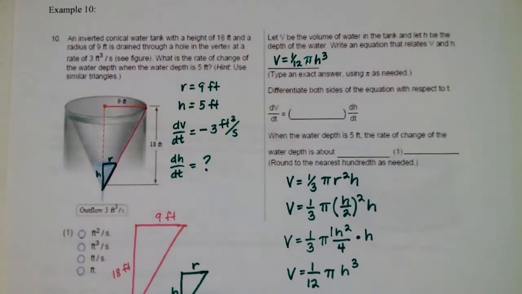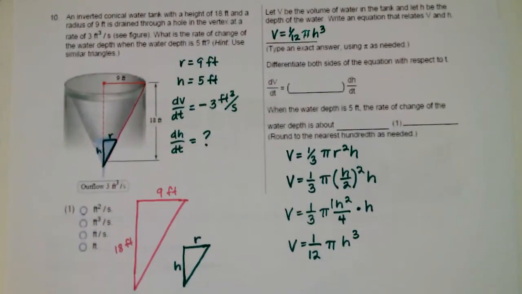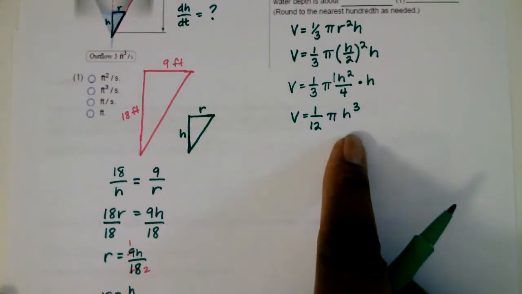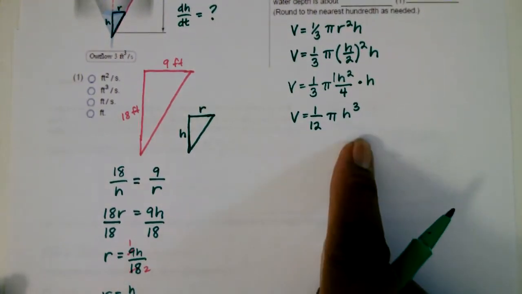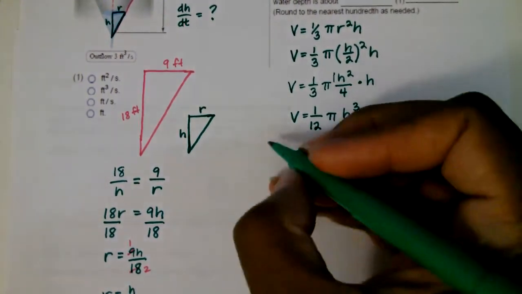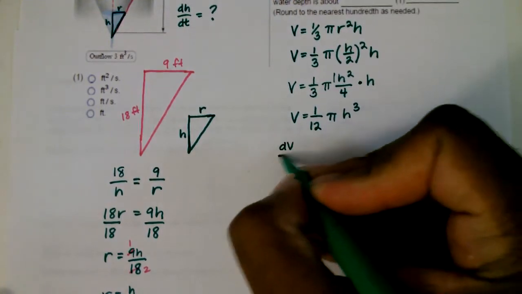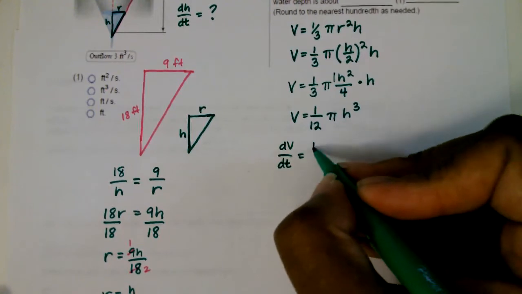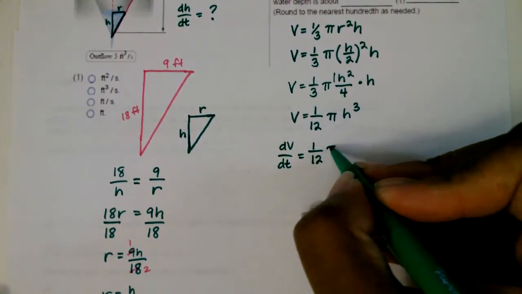Okay, and now I can differentiate both sides of the equation with respect to t. The left side would be dV/dt, and that's equal to 1/12 pi, which is a constant, so I can bring that down.